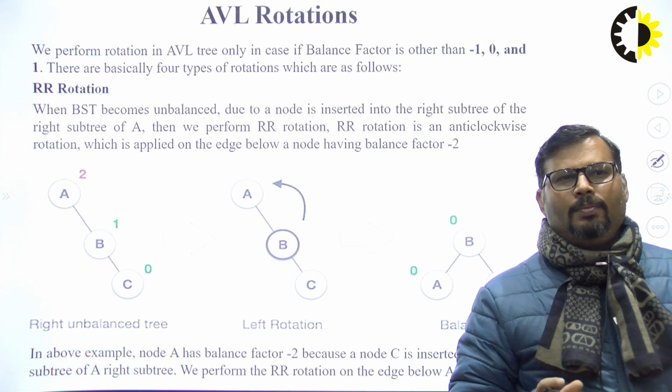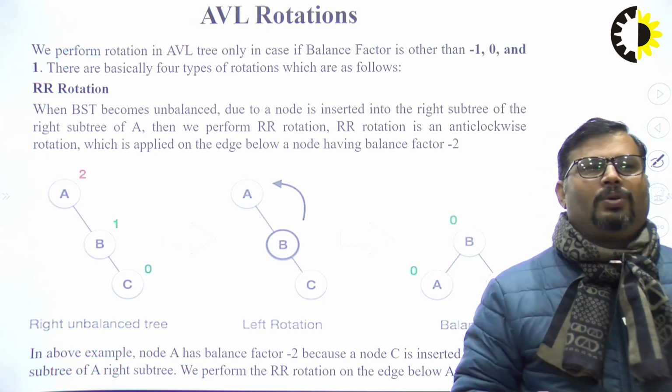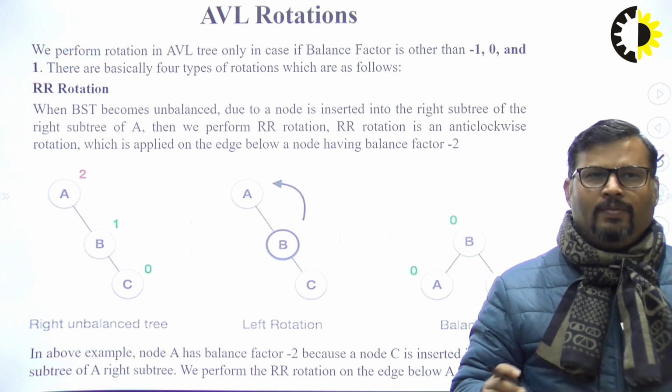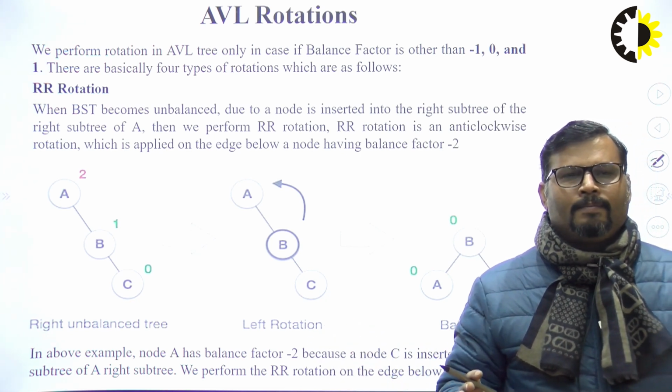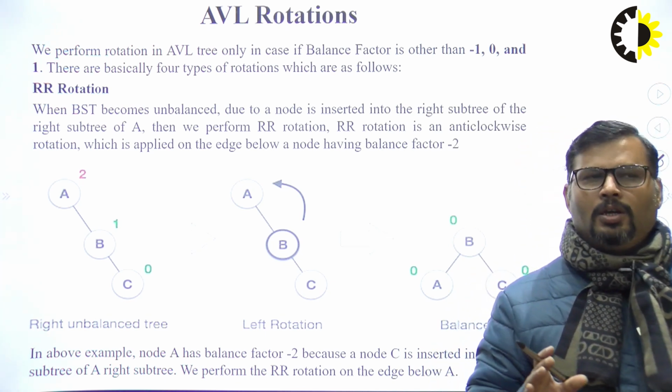RR rotation, meaning right rotation, is an anti-clockwise rotation which is applied on the edge below a node having balance factor -1. If a node has a balance factor of -1, then it will be rotated.